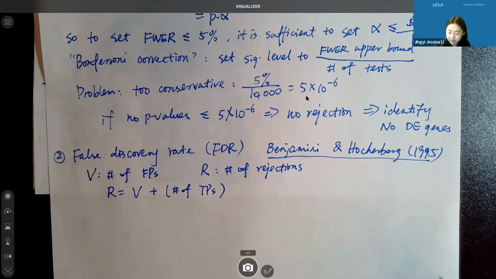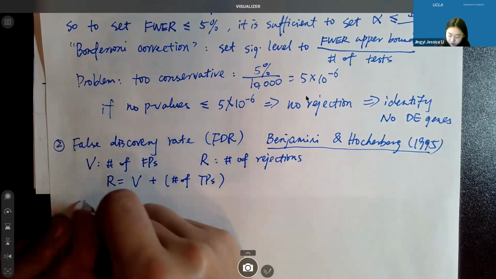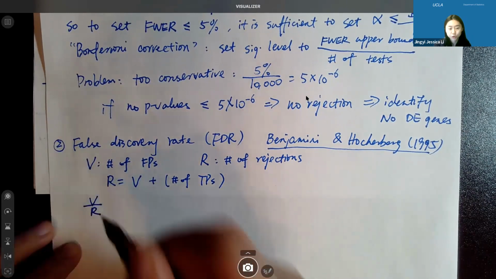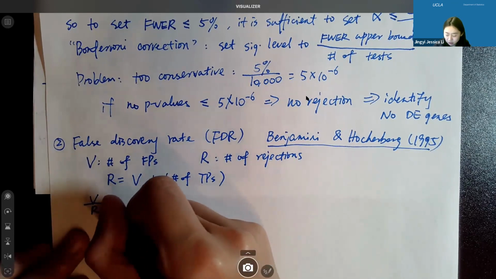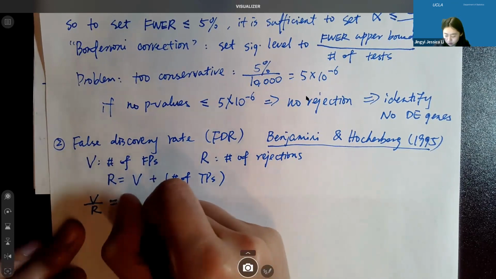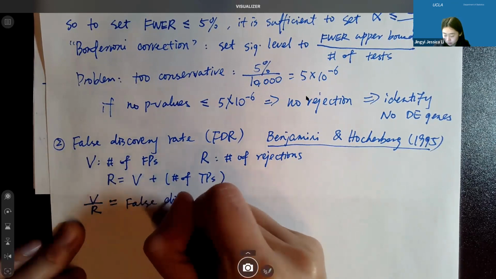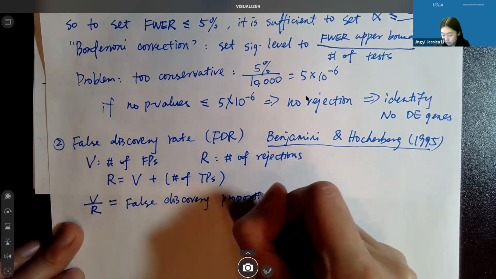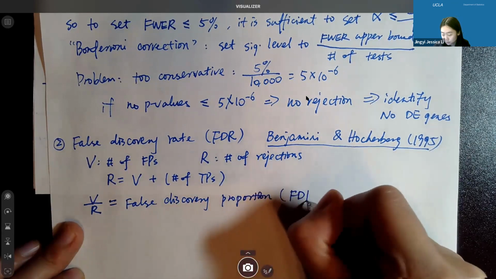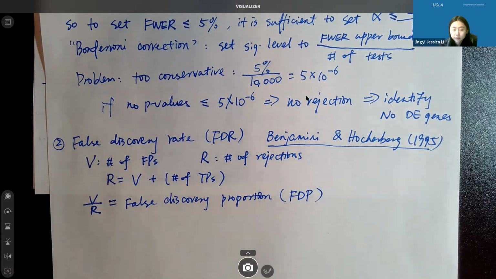So the first criteria defined here is this V over R, the ratio of false positives among all the positives, among all the rejections. So in this case, this is called false discovery proportion, short as FDP. This is the motivation. So hopefully among my R, V is a small proportion.